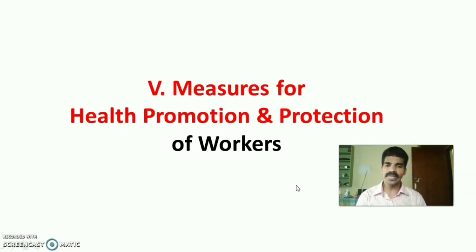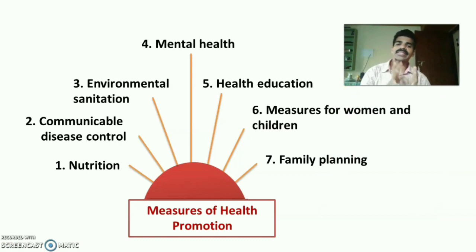So the next section of the day is measures for health promotion and protection of workers. There are mainly 7 important measures for the health promotion and protection of the workers. First one is regarding nutrition, a healthy or balanced diet for the workers or employees.